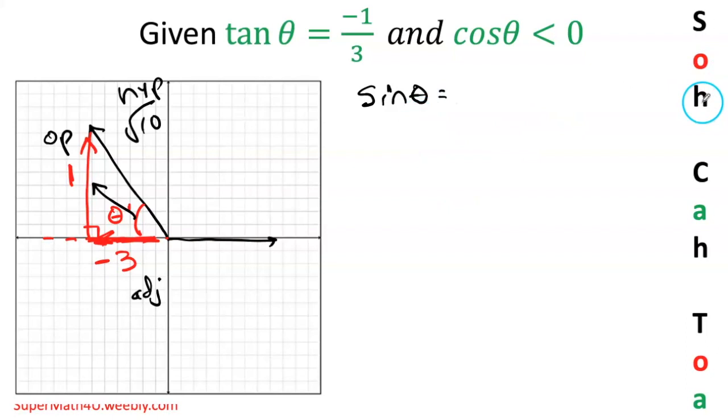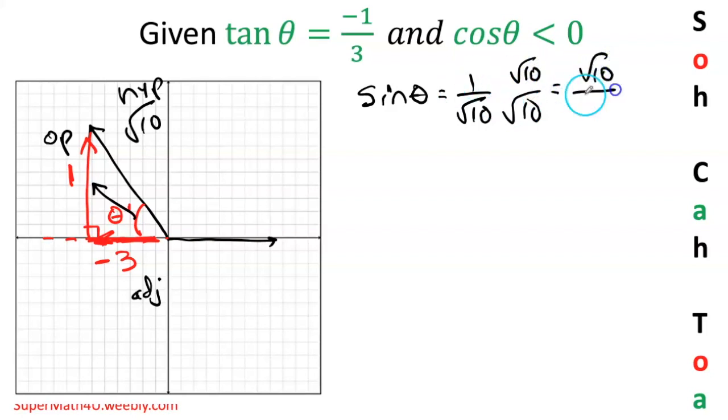So sine is opposite over hypotenuse, same as before. Rationalize. The top gives me square root of 10. The bottom, the radical cancels, 10. So that's my sine. My cosine, adjacent over hypotenuse, adjacent, negative 3, hypotenuse, square root of 10.